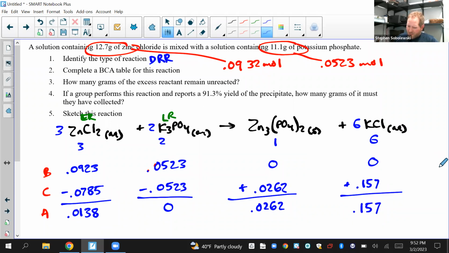All right, number 3, how many grams of excess reactant remain unreacted? Well, we already worked out the moles, so now we just do a quick little molar mass conversion. So zinc chloride, oh, I wish I still had that. Well, let's do that again. Actually, I could probably reverse engineer that. If I go 12.7 divided by 0.0932, will that give me? Yeah, I think that would. 136.26. Let me just double check.